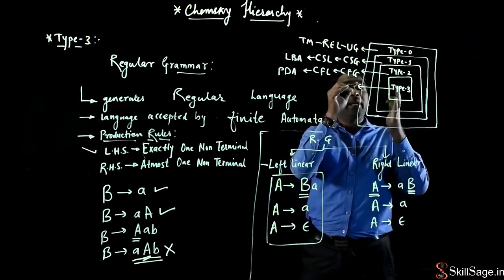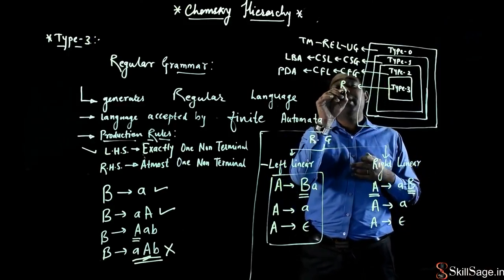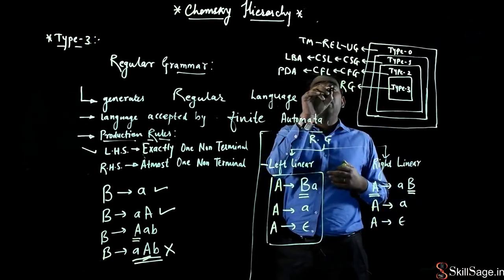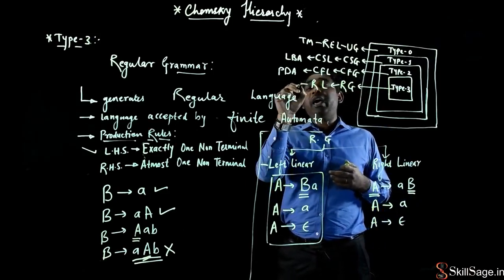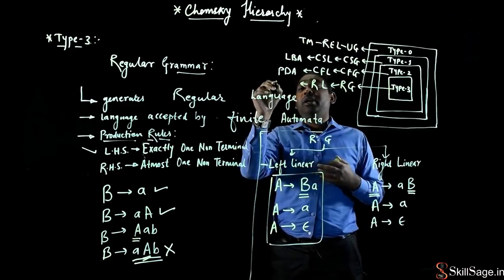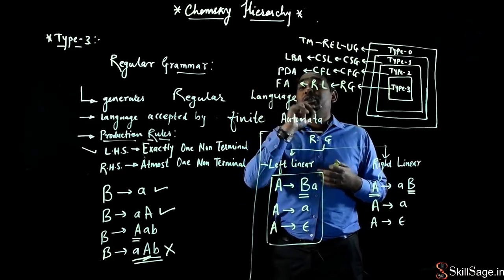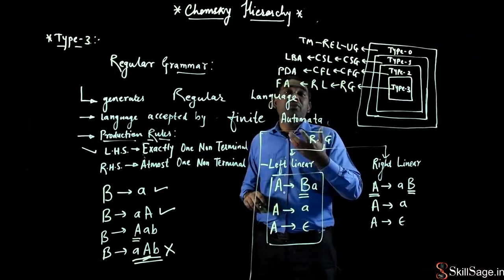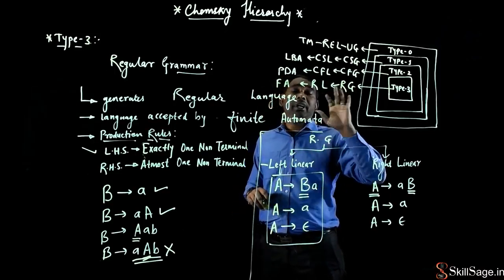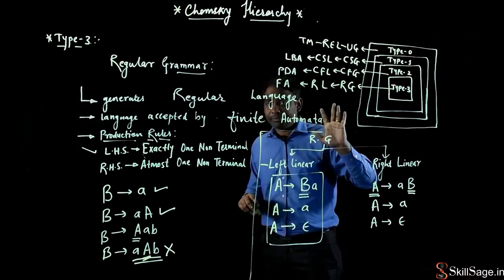What is the type 3 grammar? Type 3 grammar is my regular grammar, and a regular grammar generates a language called a regular language, and we have an acceptor called finite automata. So finite automata is a mathematical tool or machine which will accept the language generated by a regular grammar. Thank you.